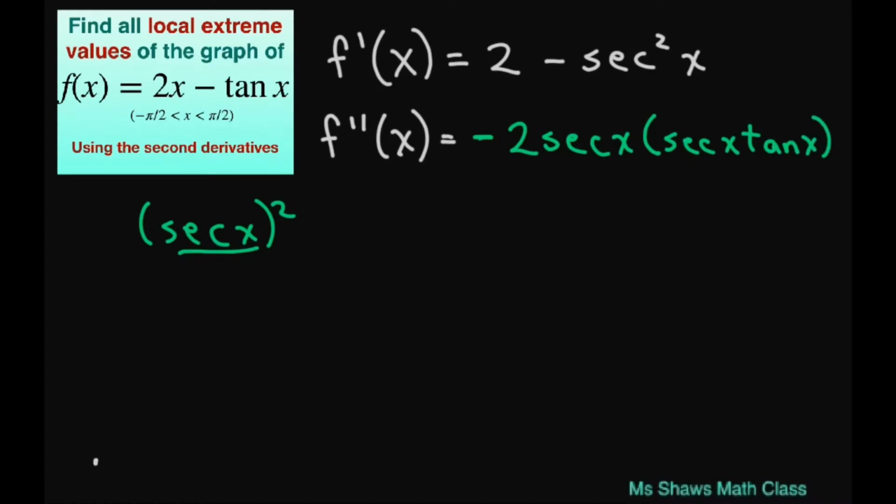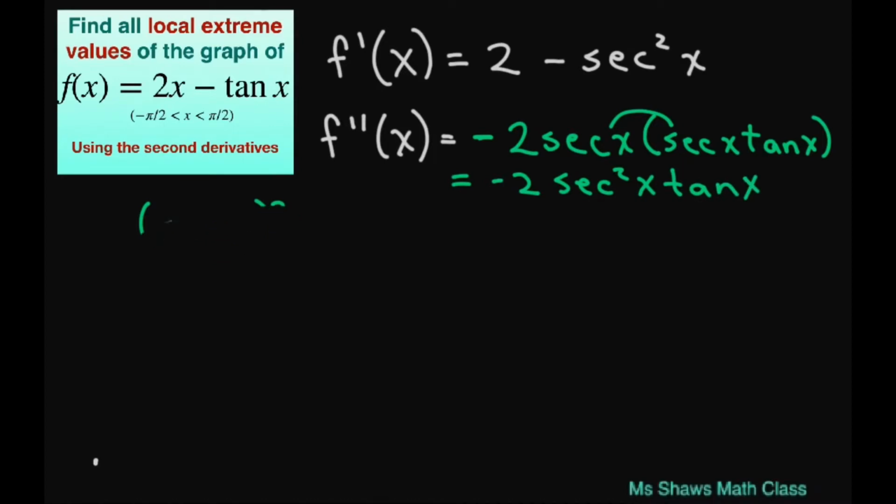So this is going to equal negative 2 secant squared of x times tan of x, when you multiply these two. All right, now let's set these to 0 to find out what we have. So let's first do f prime equals 0, and that's going to give you 2 minus secant squared of x equals 0.